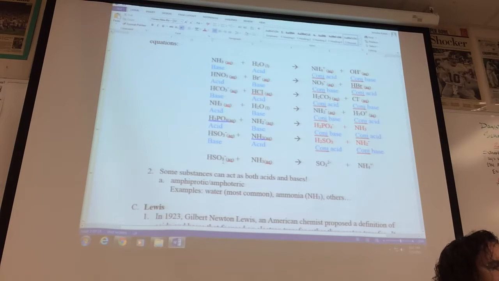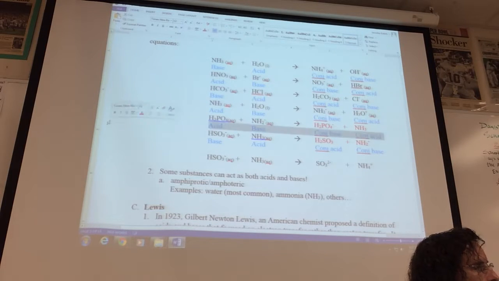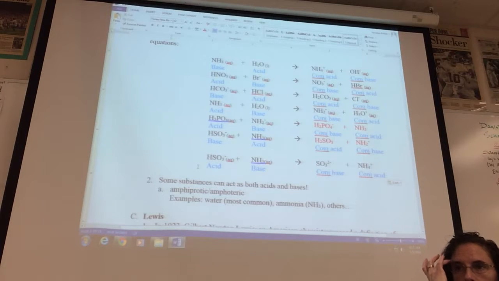So this could act as the acid, this as the base, and either answer would be fine. Because some substances, and we've mentioned ammonia, water, and now you're seeing the hydrogen sulfide ion, have the ability to either donate or accept. They have to have an H to donate, and they have to have a position to accommodate another proton.